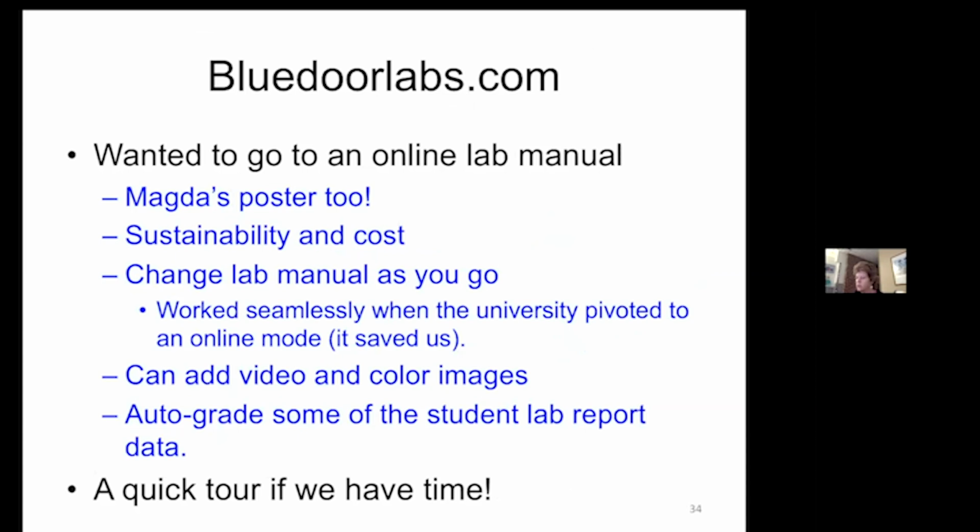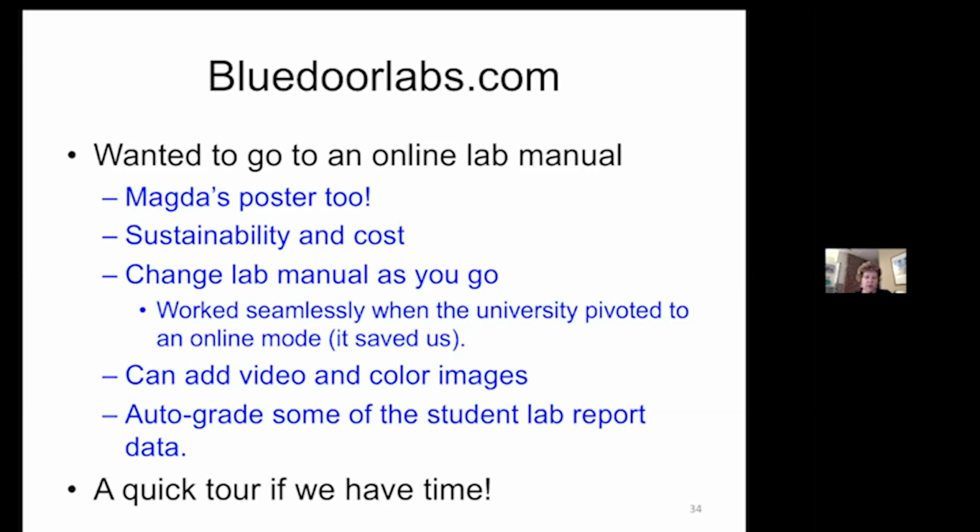So we wanted to go to an online lab manual. Much like Magna and her poster about using OneNote and what Ian talked about with his materials, we've gone in that direction as well. If you want to know the reasons, we have people here who are very concerned about the cost of a laboratory manual, people who are concerned about the use of paper, people who have gotten completely fed up with, well, if you're going to print a laboratory manual, then your laboratory curriculum has to be decided months in advance of the semester.